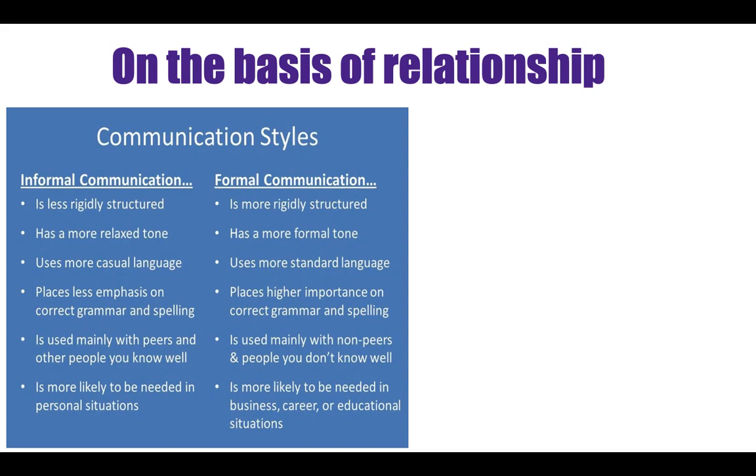We use informal communication with our peers and the people that we know very well, and it's mostly used in personal situations. But formal communication is more rigid. It has a more formal tone, uses more standard language, and there is more emphasis on grammar and spelling. You use it with non-peers or people you don't know well, and it's mostly used in business, career, and educational situations.